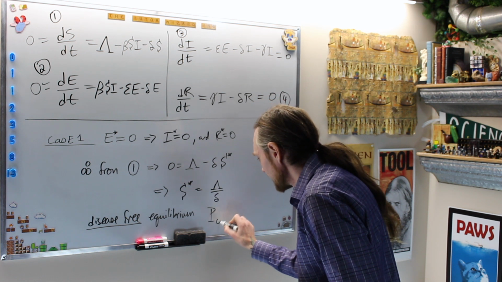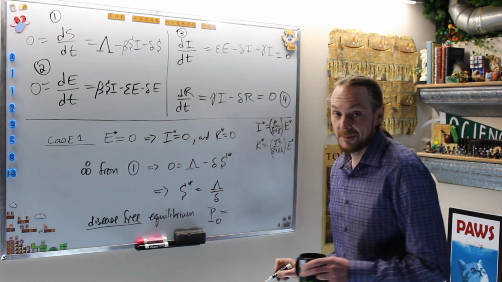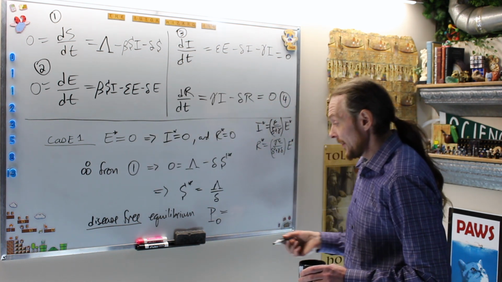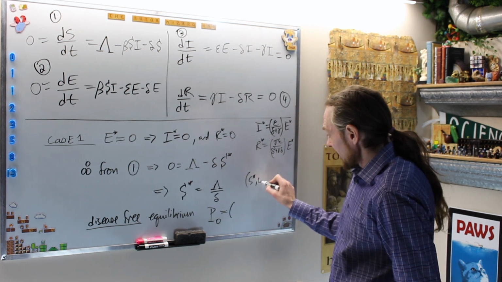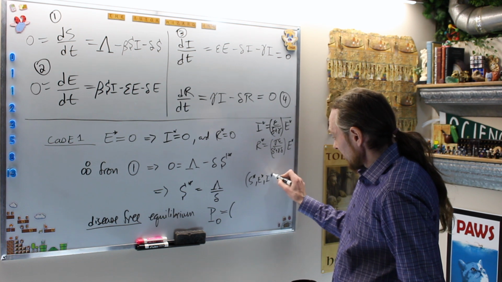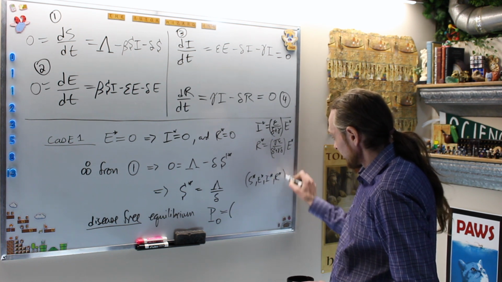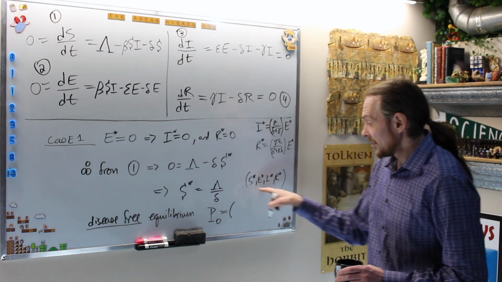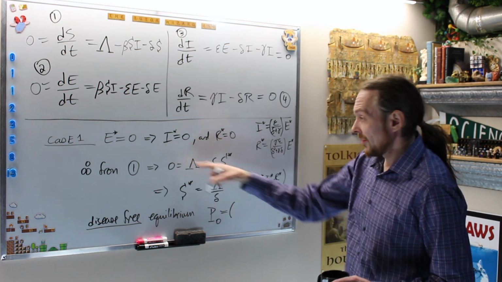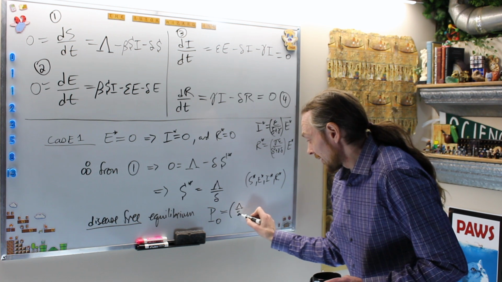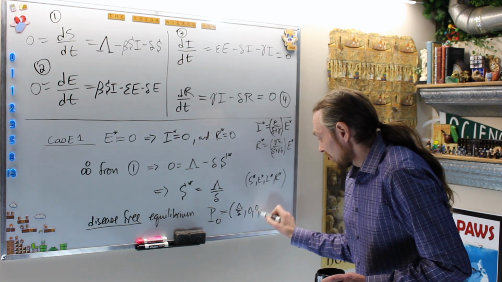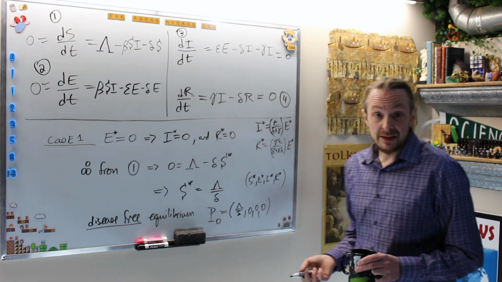of P0, we call it classically, or I'm going to use the notation of my supervisor, which will be, remember, we're looking for an S star, an E star, an I star, and an R star. And we just found out that S star in this case, when we assume that E is 0, is lambda over delta, 0, 0, 0, which is in our positive feasible region.